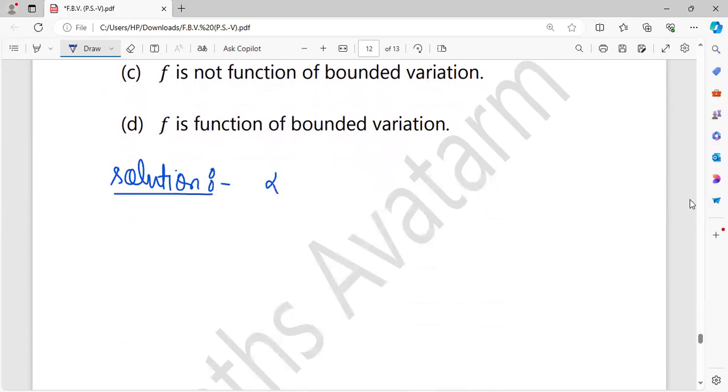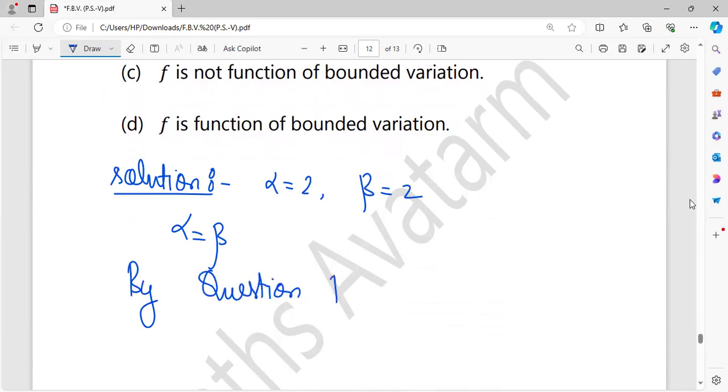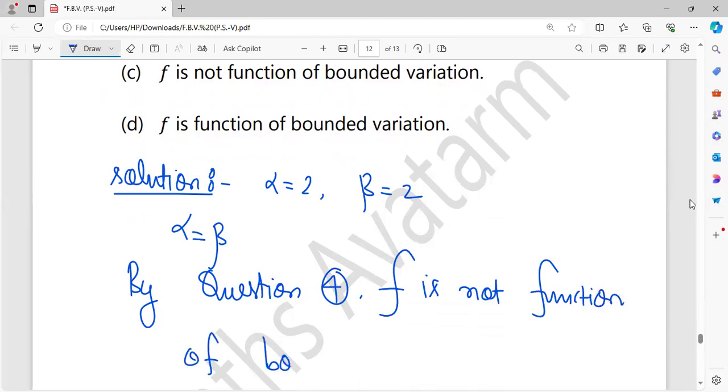Alpha is 2 and beta is also 2. So alpha is equal to beta. By question 4, F is not a function of bounded variation. So which option is correct? Option C is correct.